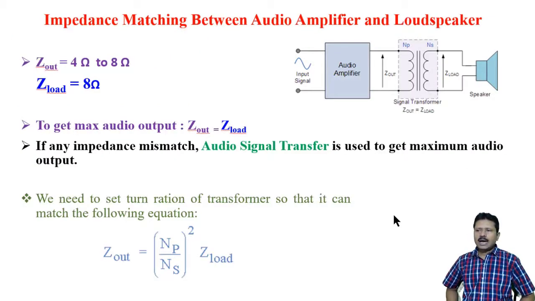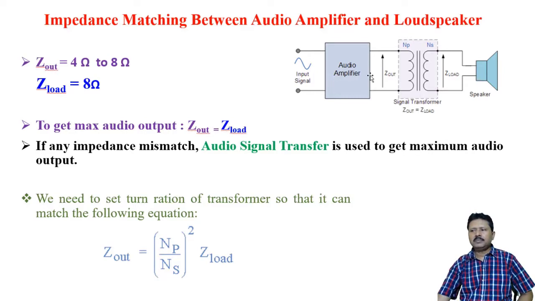If somehow the output impedance of the audio amplifier is not equal to the input impedance of the speaker, then some extra arrangement is required to get the maximum power at the output. We can use an audio signal transformer with a particular turn ratio. The input impedance of the speaker is 8 ohm, that is the load impedance, and the output impedance of the audio amplifier is around 4 to 8.